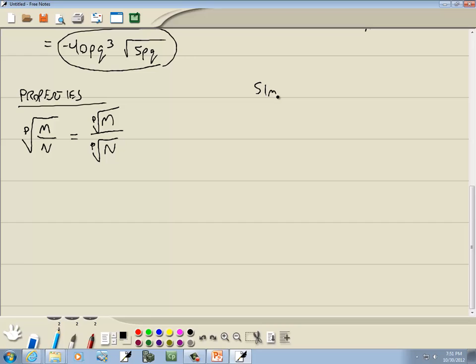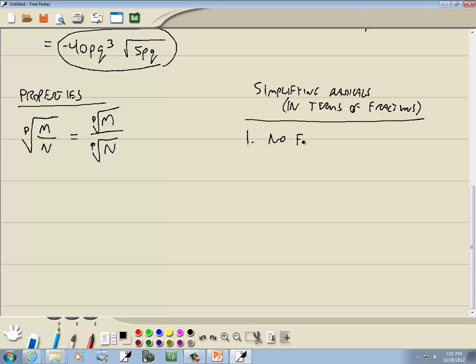And for simplifying radicals in terms of fractions. First thing is no fractions inside of a radical.